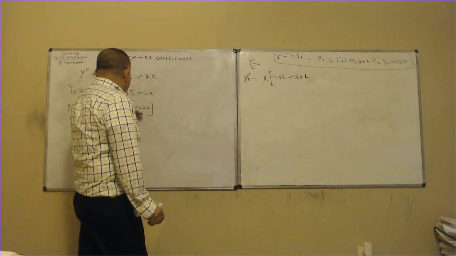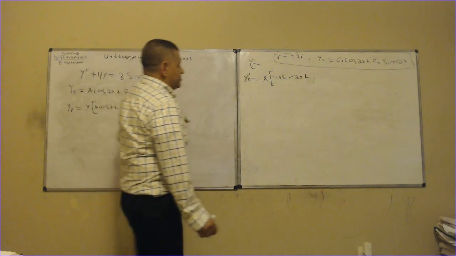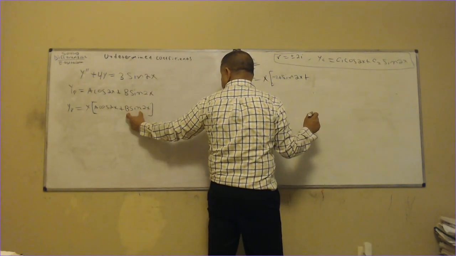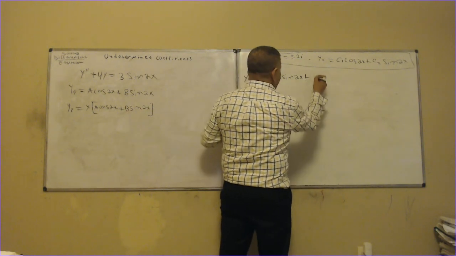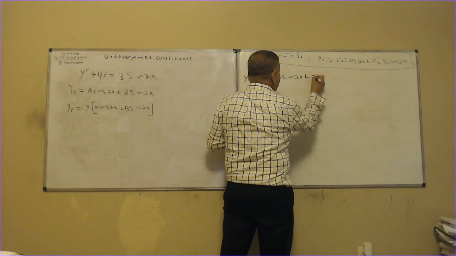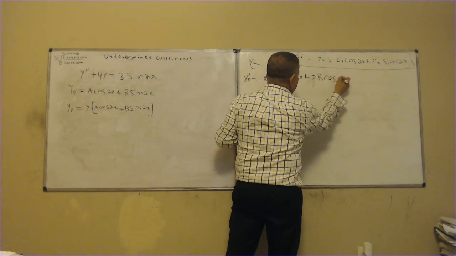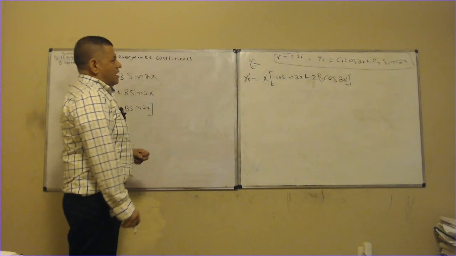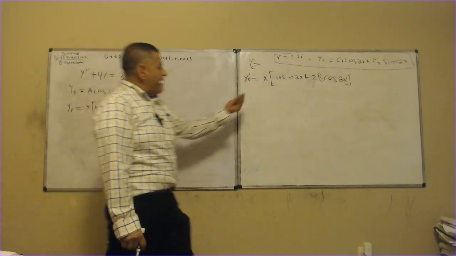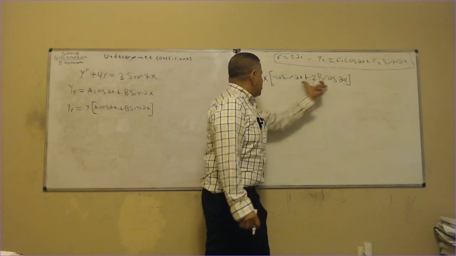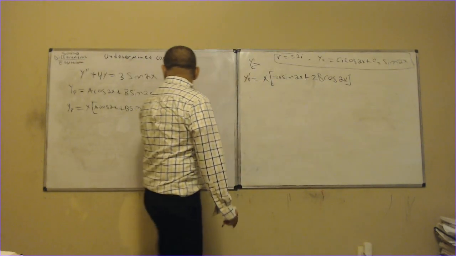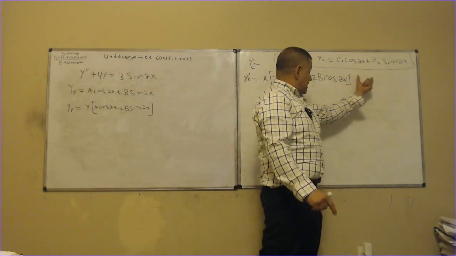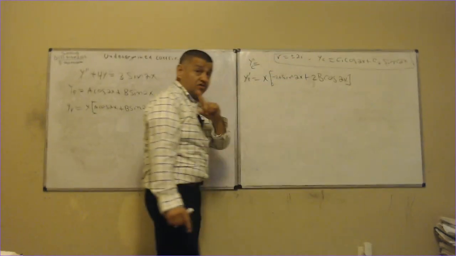So now the derivative of this is going to be that times that plus the derivative times the derivative of that, which is going to be 2b cosine of 2x. That's the first derivative. Now I have the product rule multiplying this whole thing, so I just make a copy of this and do the product rule, not the power rule.